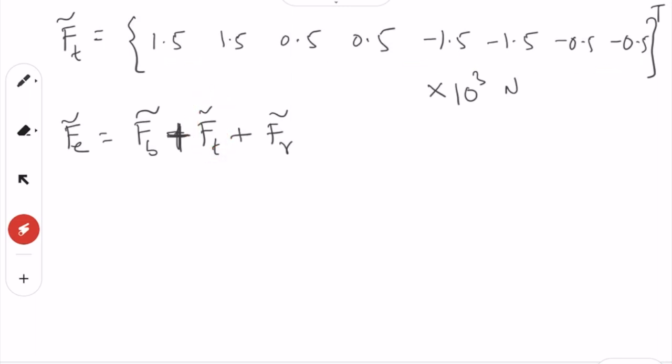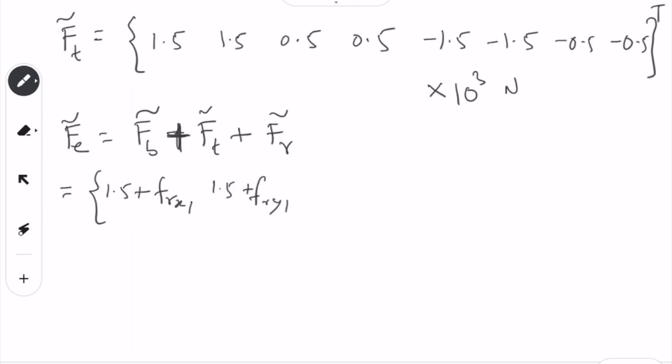So basically we can write exactly what we got: 1.5 plus Fr x1, 1.5 plus Fr y1, then 0.5 plus 0.5 plus Fr y2, got it, plus, so we are covered till here.